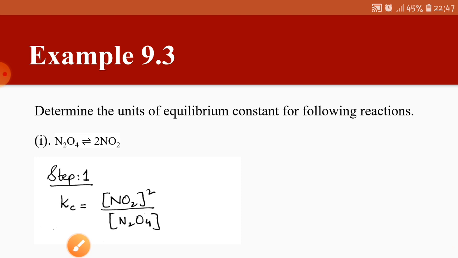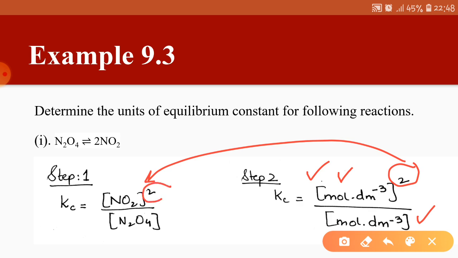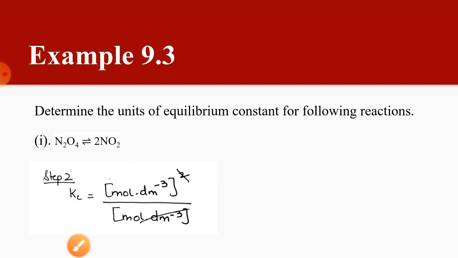So in step 2 we will be writing the concentration units for each species. Now you may notice that we wrote the concentration unit term for NO2 and the concentration unit term for N2O4. The concentration unit term for NO2 is being raised to power 2 because of the presence of 2 as a power here. Now we will be just simplifying this equation.